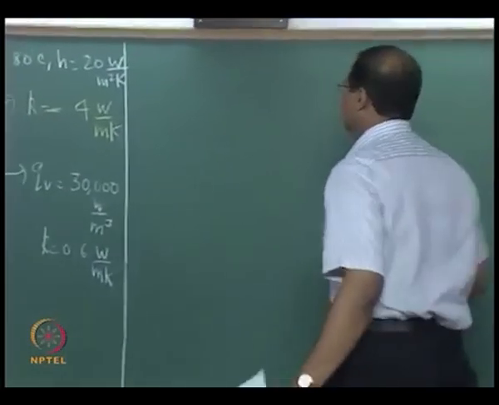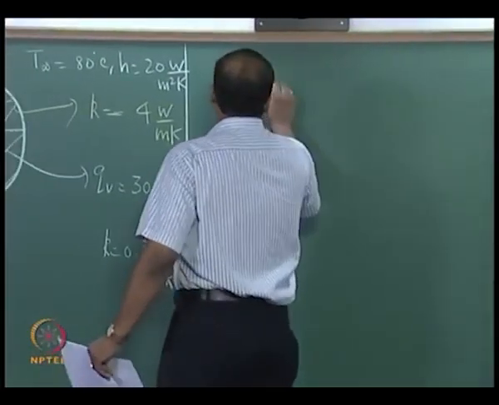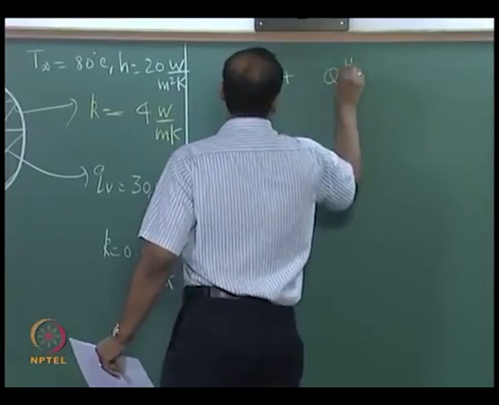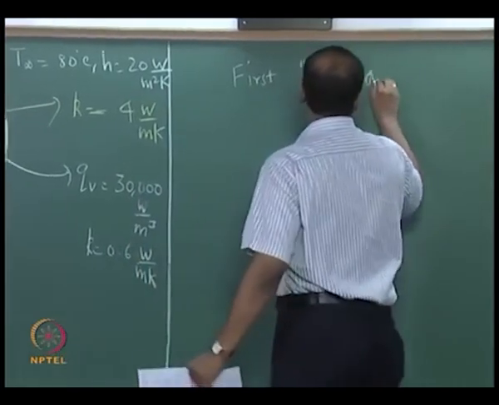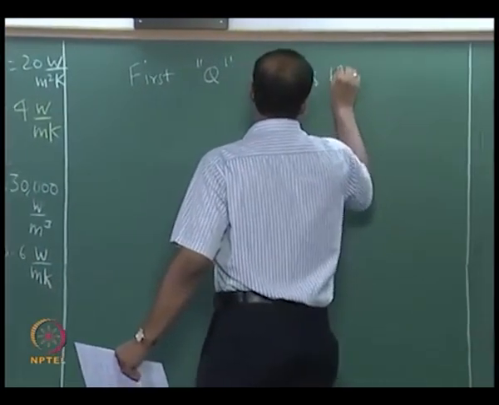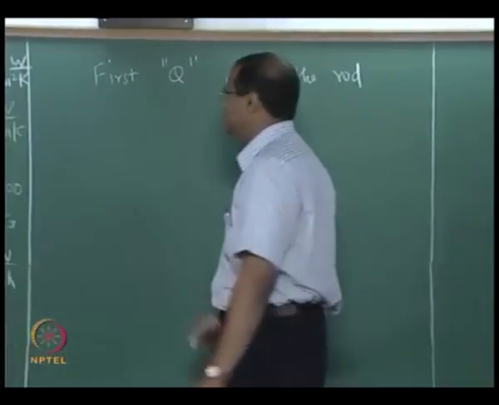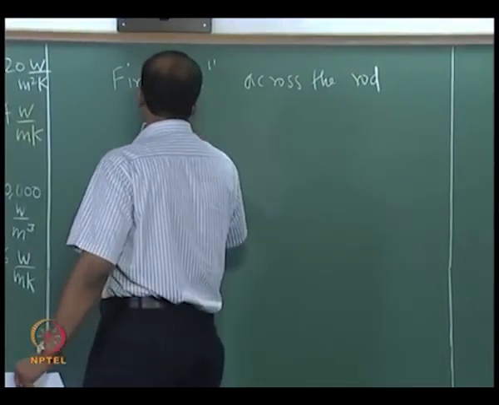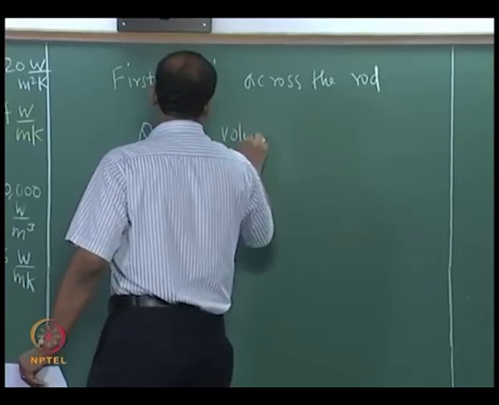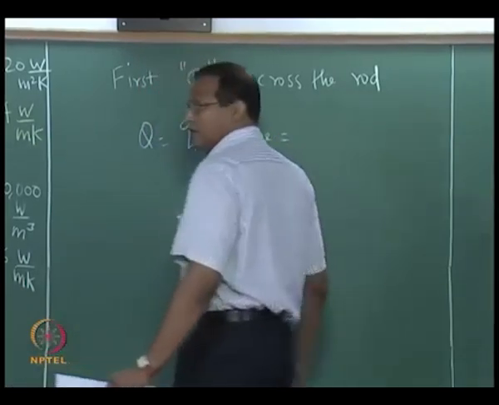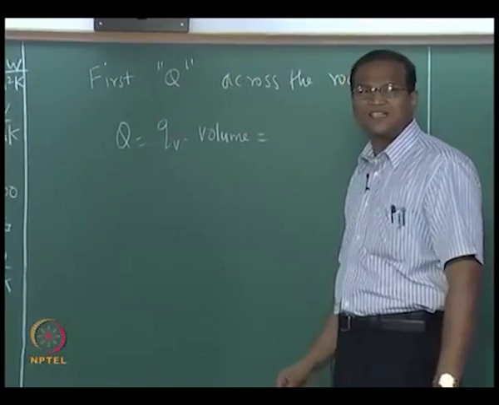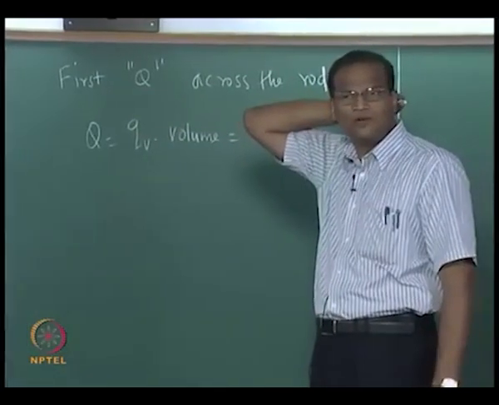Now first, the Q across the rod is given by... I have not given the depth in the direction perpendicular to the plane of the board. What should we do about that?